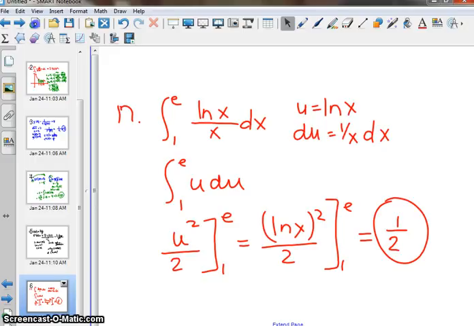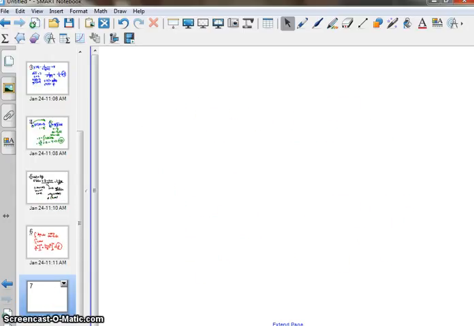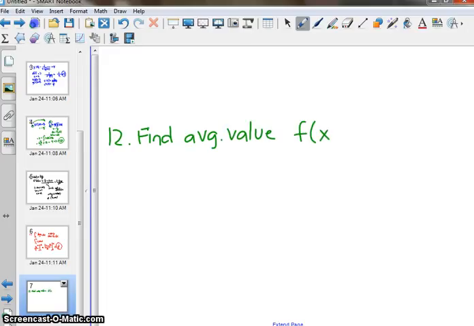So the problems that I would like you to do in place of the ones on your test, we won't do any extra multiple choice, but I'd like for you to do for number 12, find the average value. Let's make our function f of x equals 2x times 4 to the x power on the integral from 0 to 1.